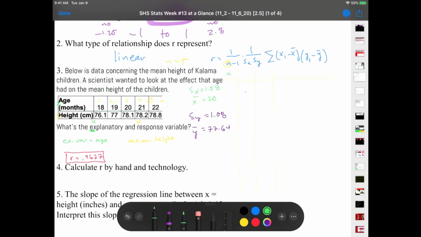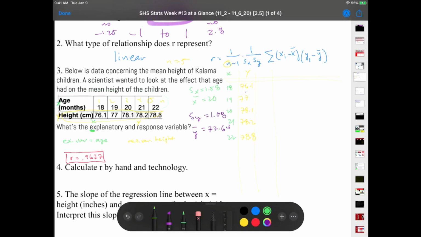So this is like my X. I'm just going to write those numbers: 18, 19, 20, 21, and 22. And then the second list we had in yellow, which is the height down here: 76.1, 77, 78.1, 78.2, and 78.8.